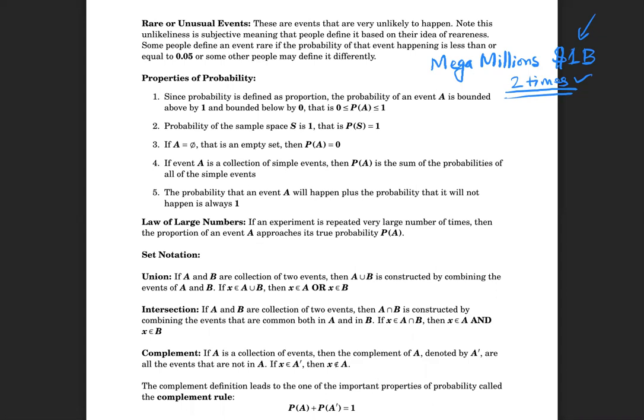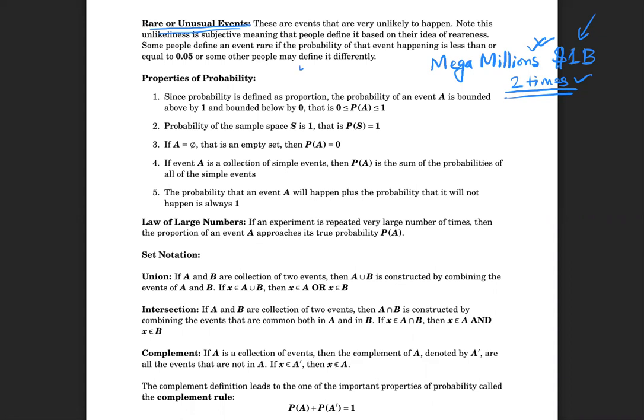And why did I give you this example? Just to make sense to you that rare events or unusual events are events that are very unlikely to happen. By the way, I gave you an extreme example. When we say rare events, it's not as extreme, okay? Sometimes people define, so it's subjective. Don't think it's very precise.